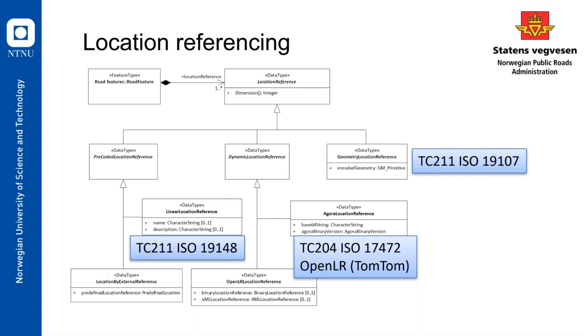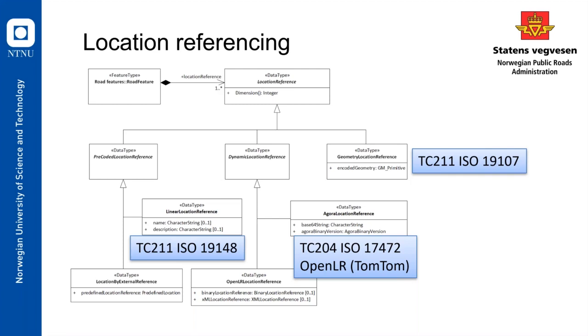And the location reference can be of several different types. You can have a simple geometry location reference according to how geometry is specified in GIS standards. Like you can have a line string or a point or whatever.